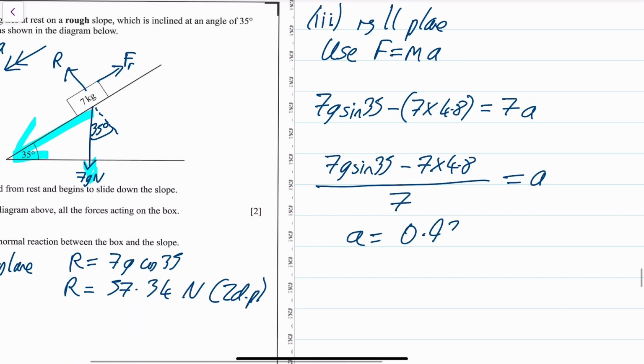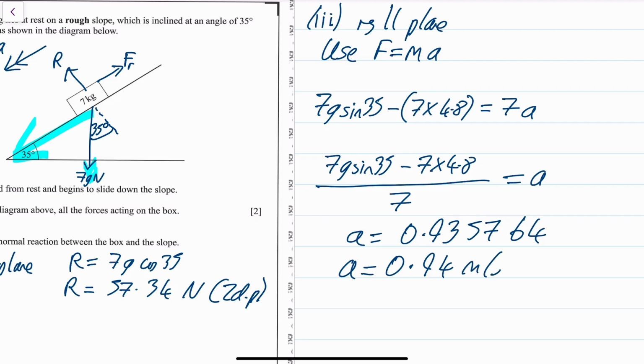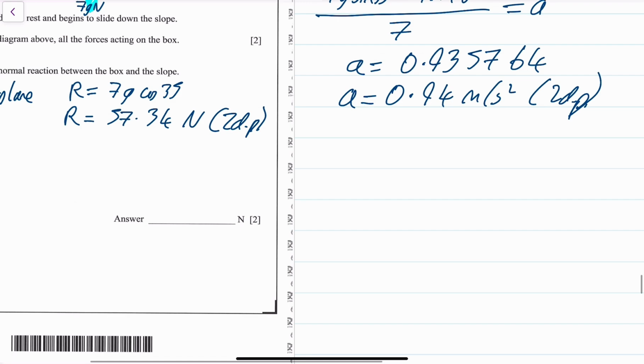So that's going to be 0.935764. I'm doing a whole pile of decimal places because we may need this for the last bit, which is 0.94 meters per second squared to 2 decimal places.